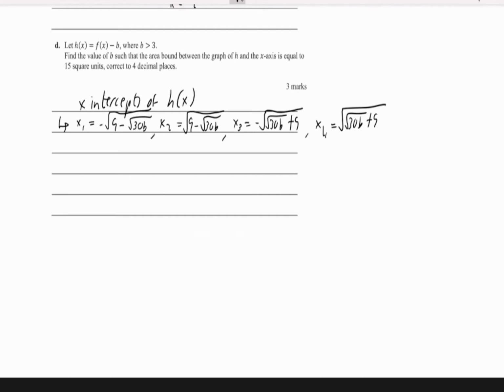And we have to remember that b is greater than 3. So the only 2 valid x-intercepts are x3 and x4.